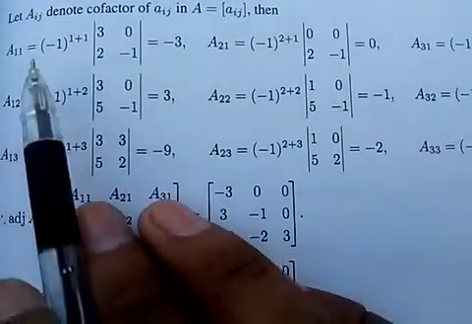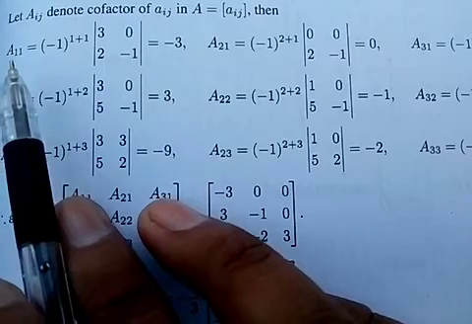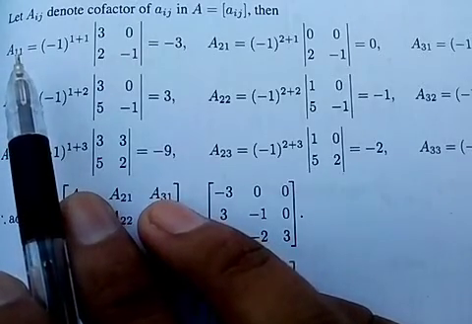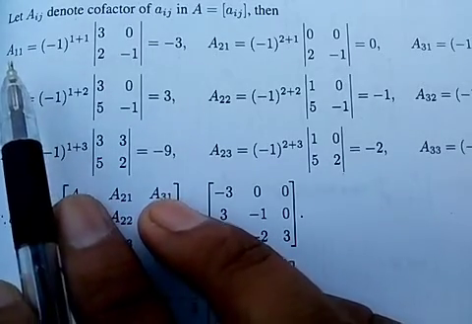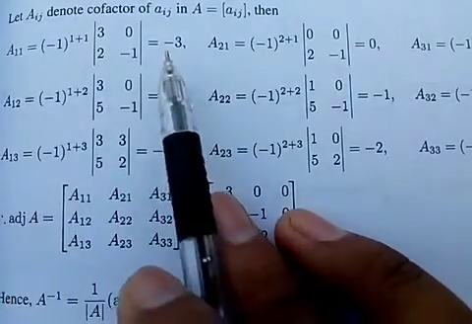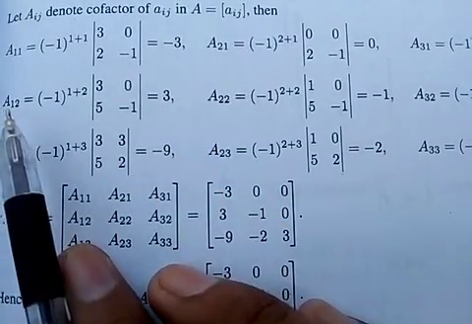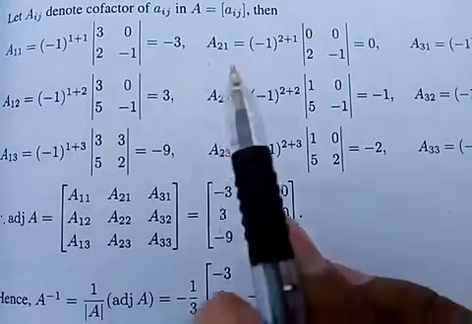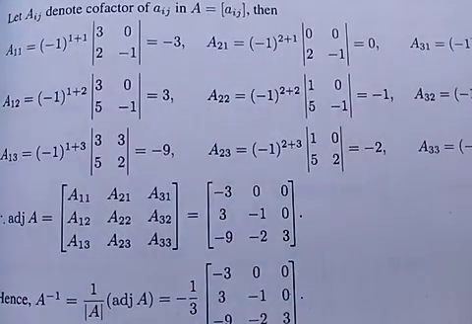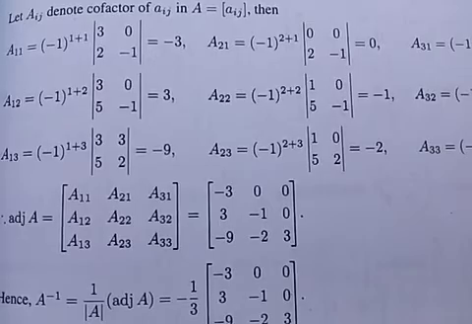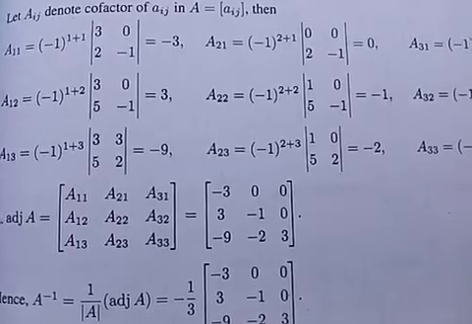We can find cofactor of all elements. Cofactor of element a11 equal to minus 3. Cofactor of element a12 equal to 3. We can find all elements cofactor.